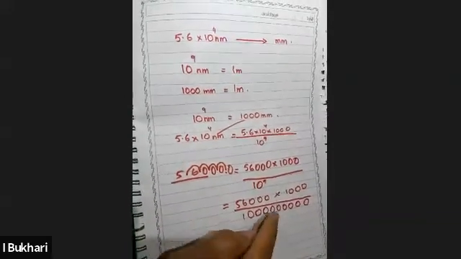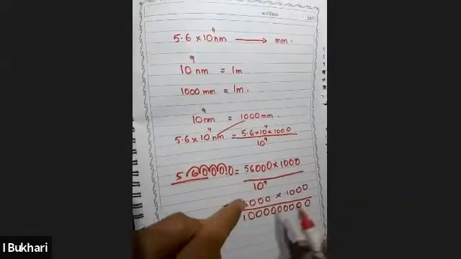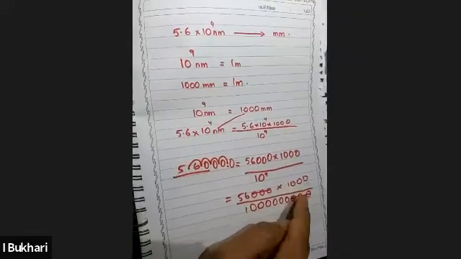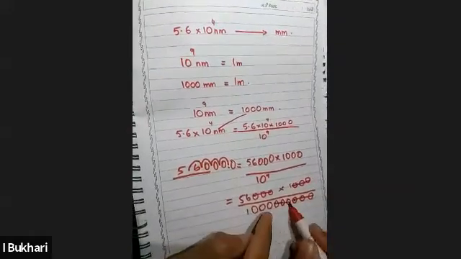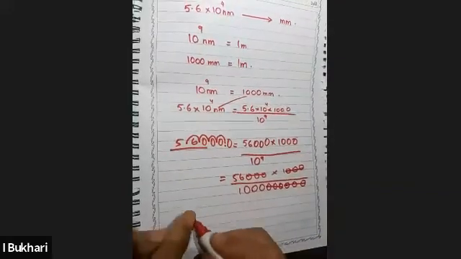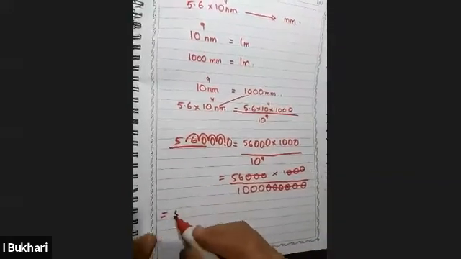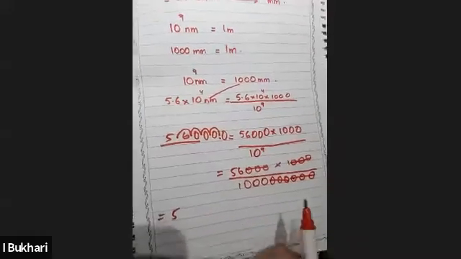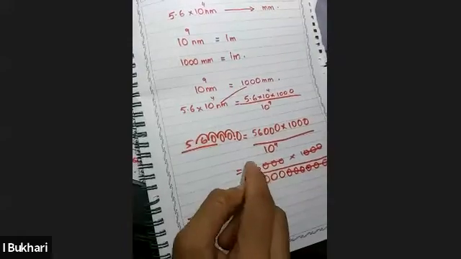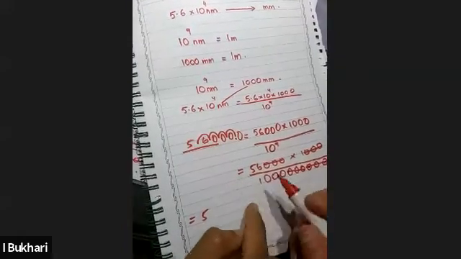Now how many zeros will you cancel? 1, 2, 3. Okay, and then 3 here, 3 here. So what are you left with? 1000. So now this is over 1000. 1000 has 3 zeros. So again, the decimal would jump 3 places backwards. Do it here, show it here.